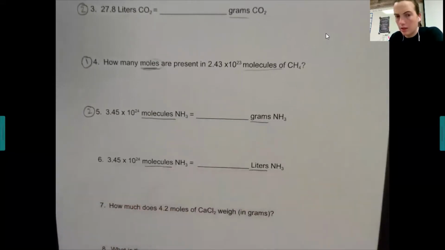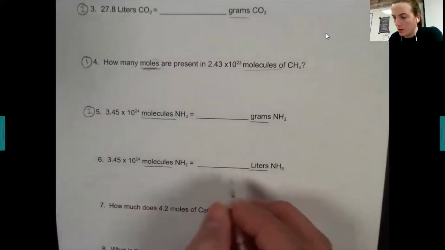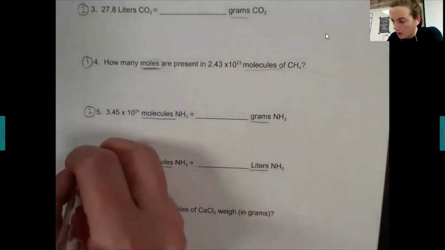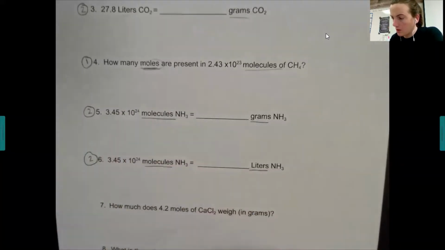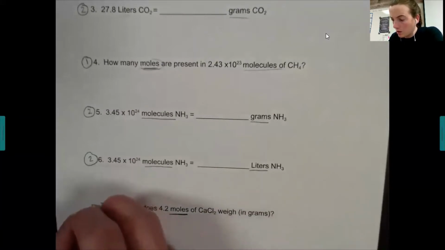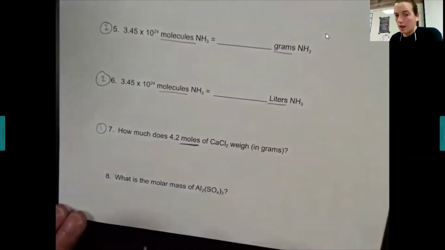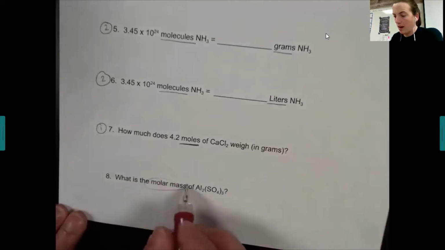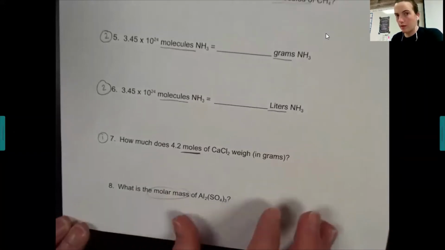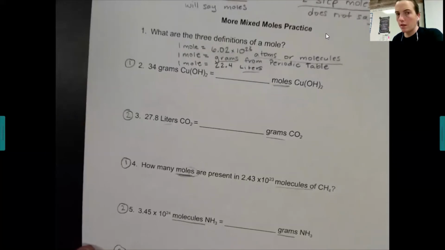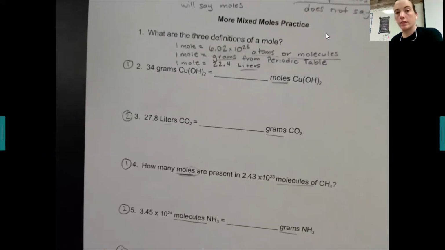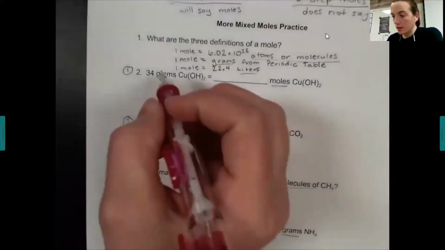Molecules to liters. Neither one of those are moles, so this is 2 steps also. This one does say moles, so without even reading the rest of the question, I know it's 1 step. In number 15, this is asking for molar mass, so it's not even a mole problem. All right, so let's get to work on these.